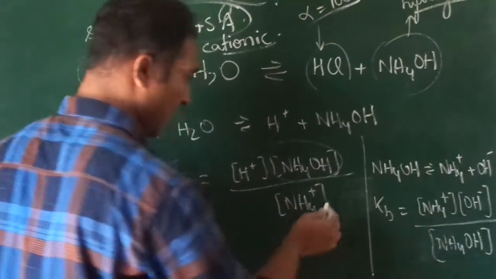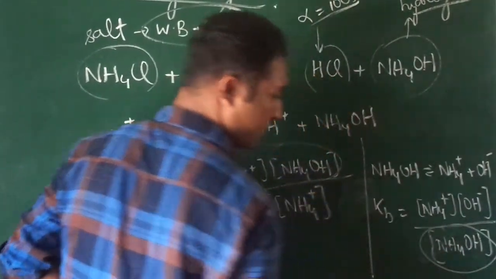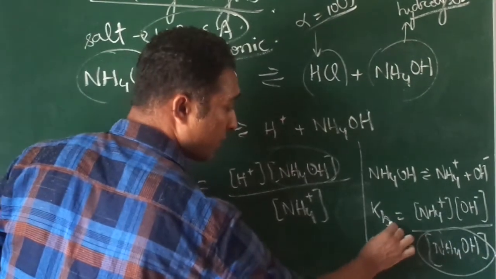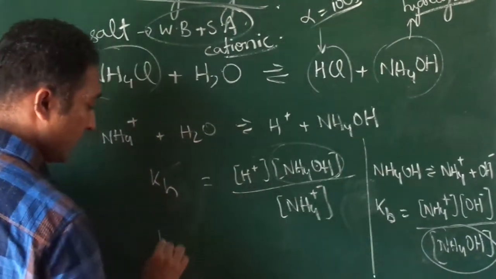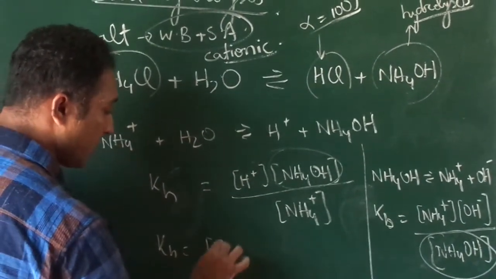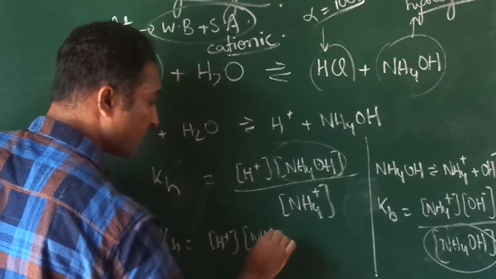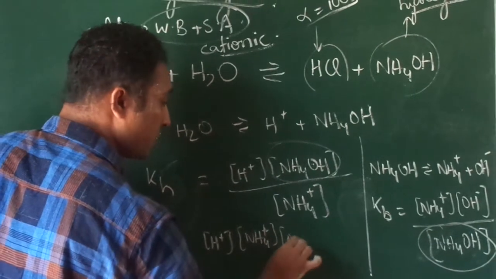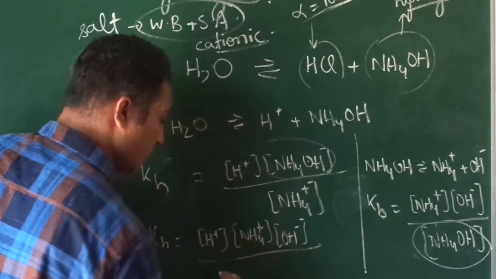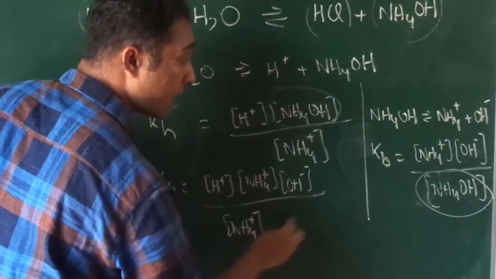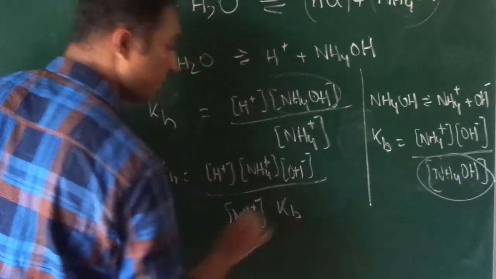Now, if I replace this NH4OH, what can I write instead of NH4OH? Just look from this equation. I can write KH is equal to H plus into NH4 plus into OH minus. NH4 plus was already there, and then here I write by Kb, right?